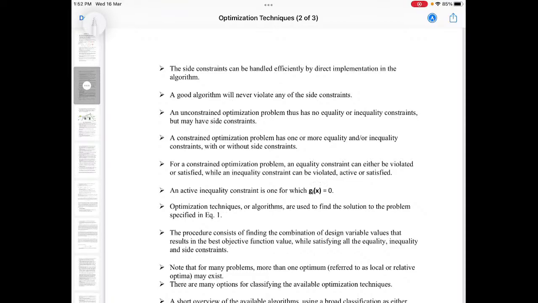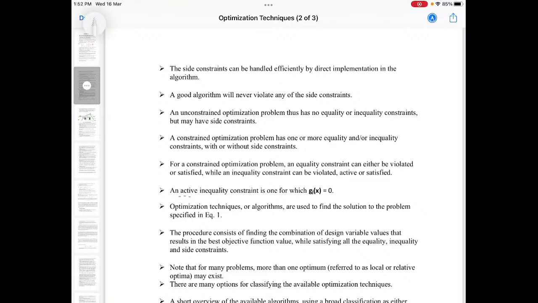So an equality constraint can be either violated, or it can be satisfied, within the constraint limit. While an inequality constraint can be violated, active or satisfied. It may be in an active condition, or it may be satisfied.